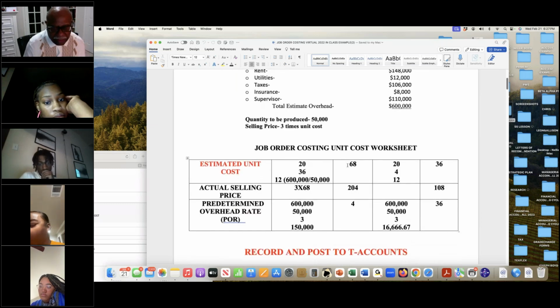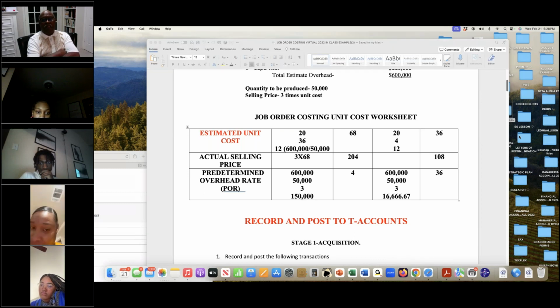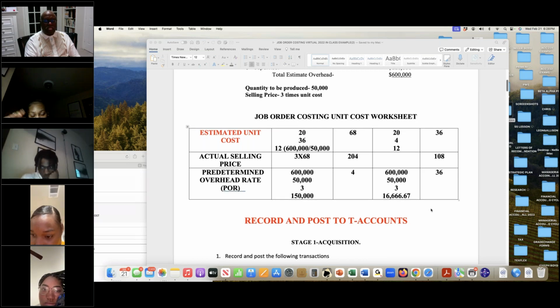Since it takes 3 hours to make one, we multiply 3 times 50 and we get 150. We divide the first line, 600,000, by the fourth line, 150, gives us a POR of 4. Are there any questions? And we said that's how we start every problem.